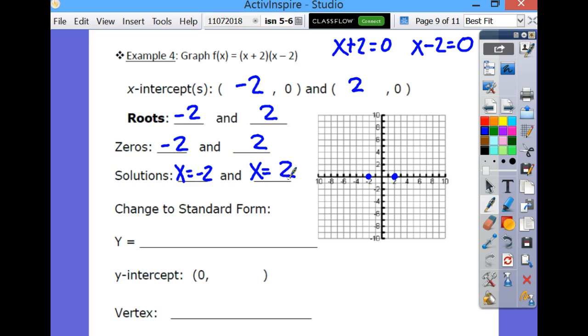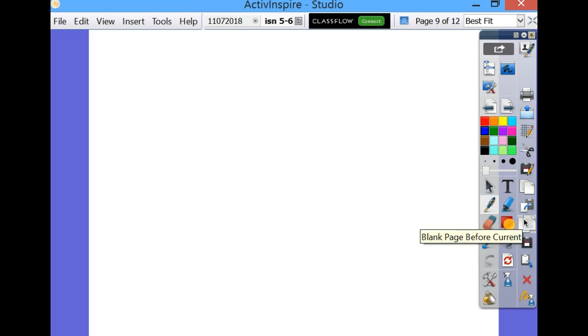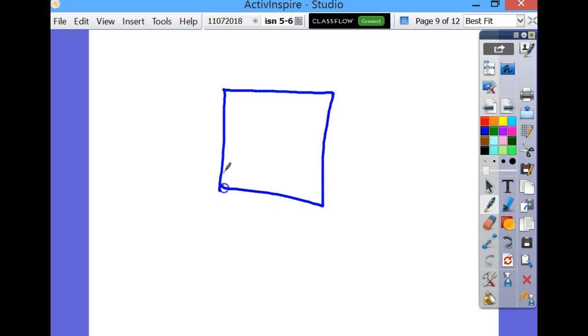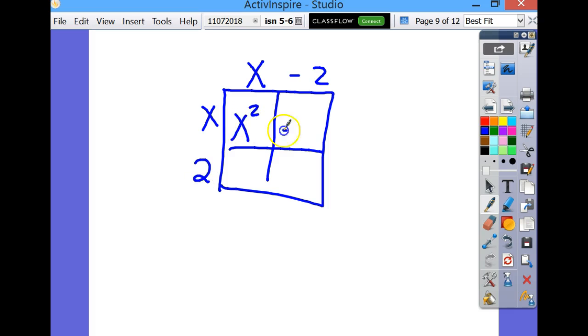Now, how do I get from root form into standard form? Well, it's got parentheses. To get rid of the parentheses, I'm going to use a box problem or FOIL.